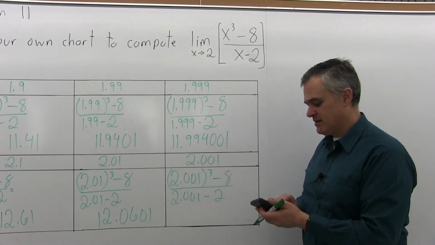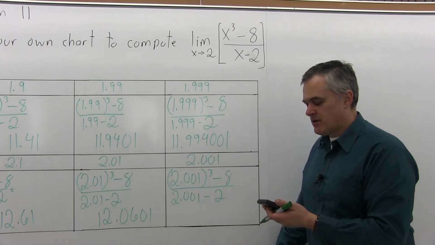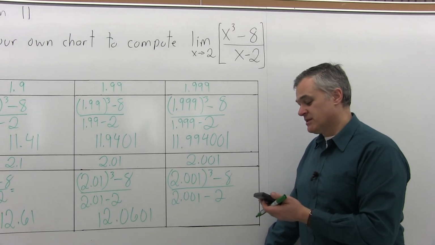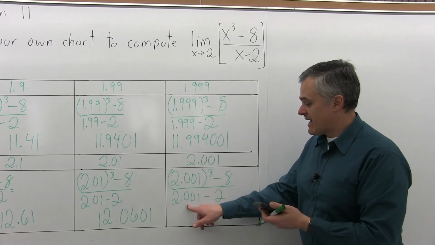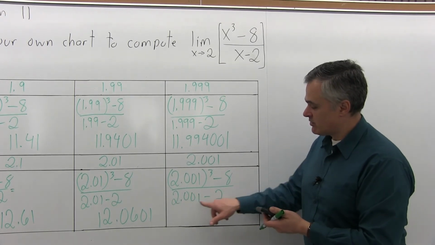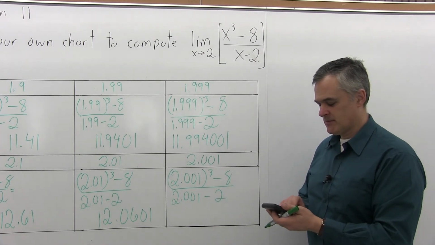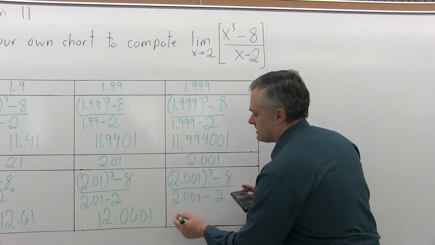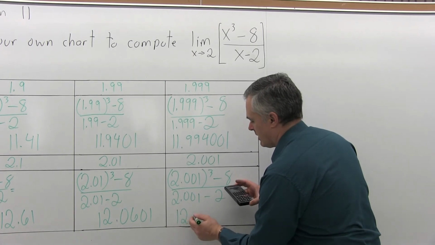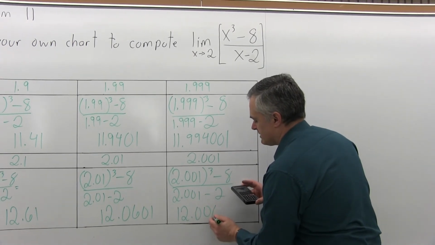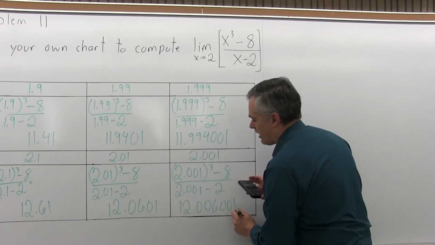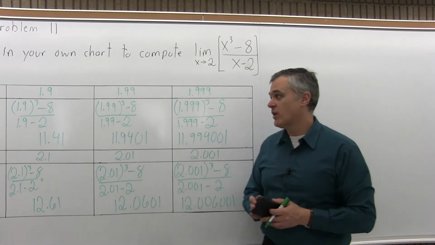Minus 8, I get 0.012006001. Divide that by, when I subtract the 2 here, it's going to divide by 0.001. And the answer comes out to 12.006001. Again, very close to 12.